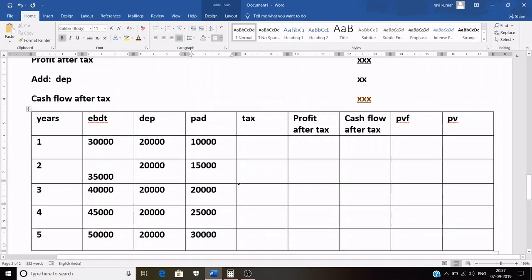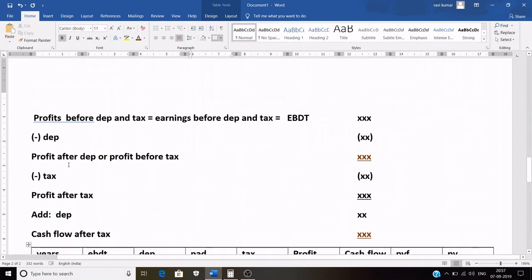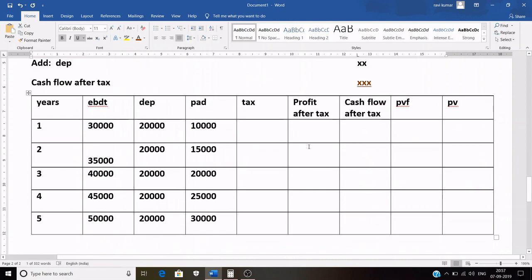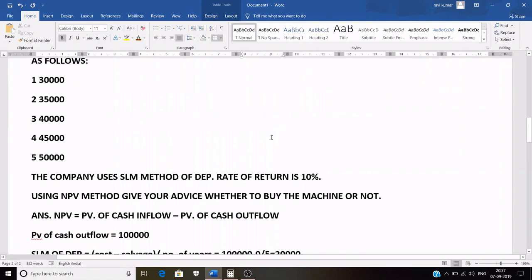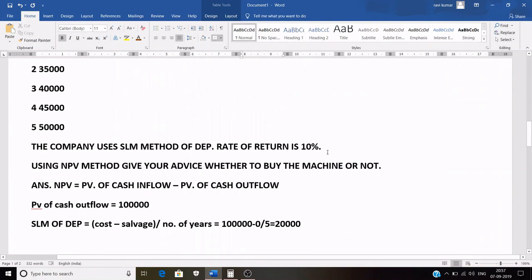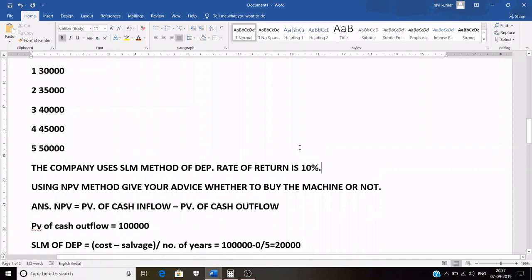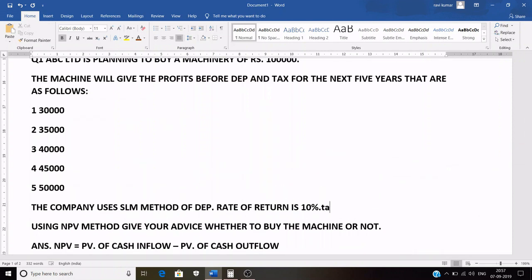Now as I have already told you, PAD means profit after depreciation, or profit before tax, which is taxable income. So now we will calculate the tax. The tax rate is given in the question, so just write down here that the tax rate is 40%. Suppose the tax rate is 40%.